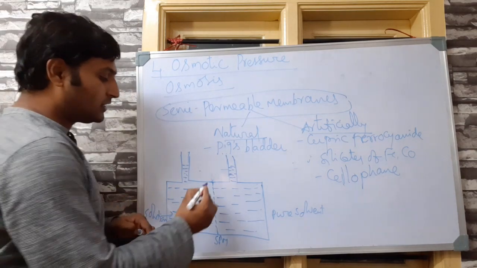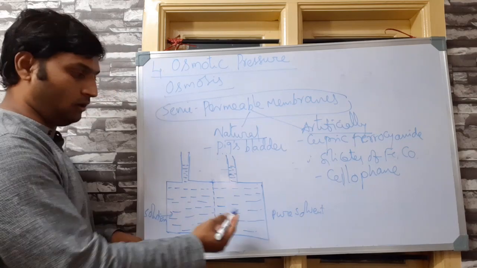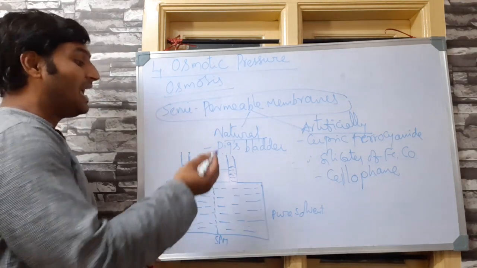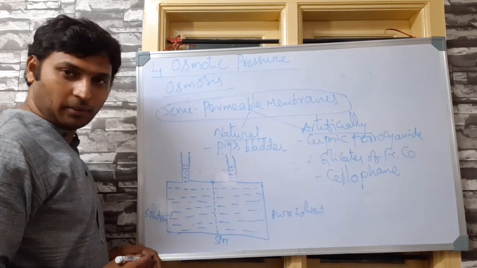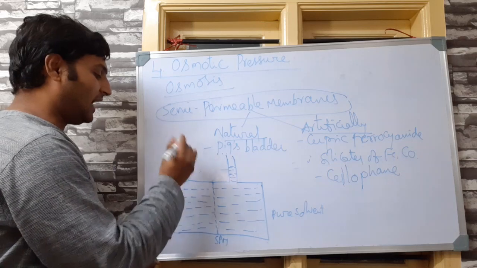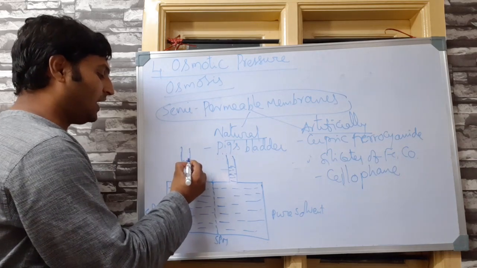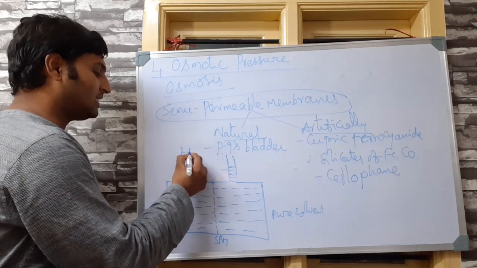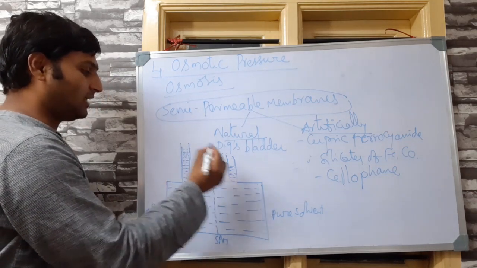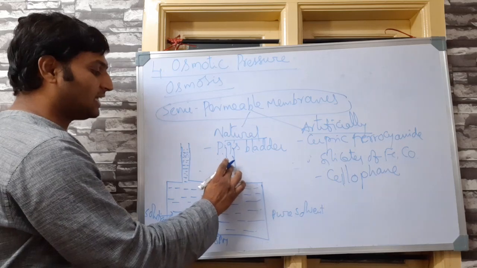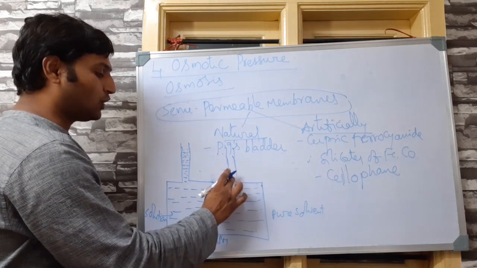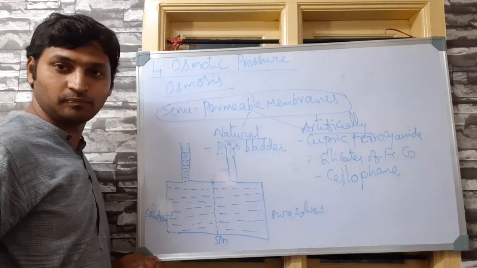Now if you wait for some time, with the pure solvent and the solution separated by a semi-permeable membrane, you can notice that the level of liquid in the capillary tube on the solution side keeps increasing, whereas the level in the capillary tube on the pure solvent side is decreasing.